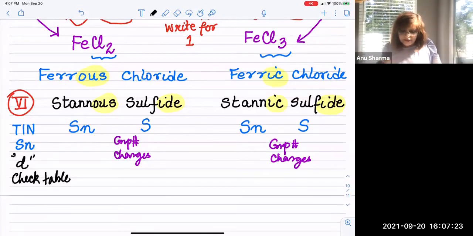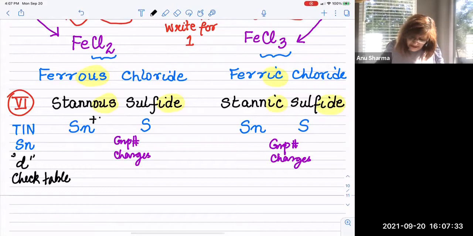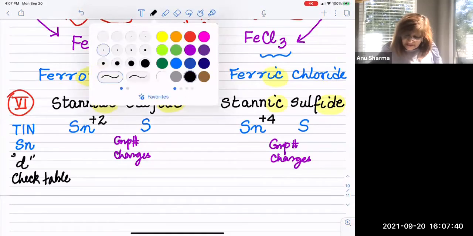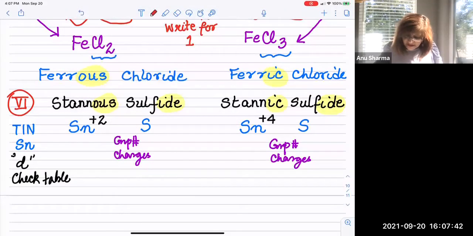But if you look at it, it's on the metallic side, and then also check the table. So yes, tin can have a +2 oxidation state, and tin can have a +4 oxidation state. The +2 relates to the lower oxidation state.